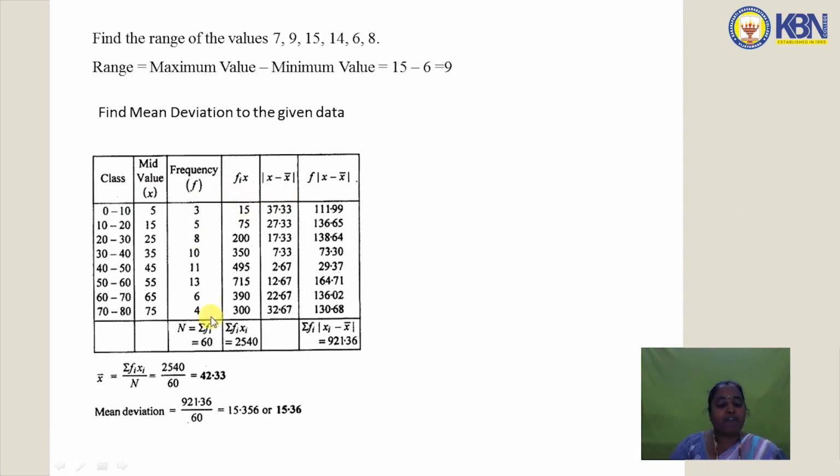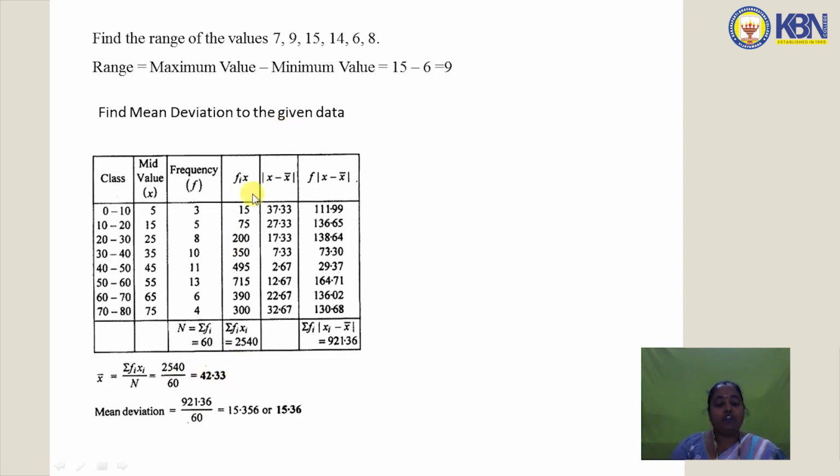By using fixi, first we have to calculate the mean. The given data is a continuous series and x bar is given by summation fixi by N. In this, total fixi is 2540 and capital N is 60. By calculating this, we get x bar is equal to 42.33.